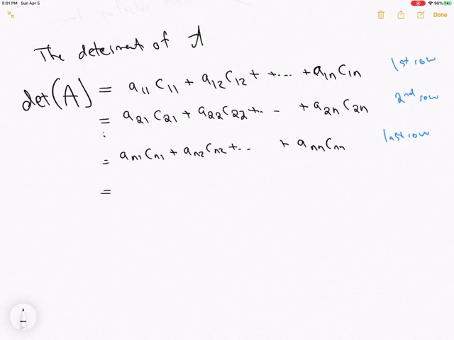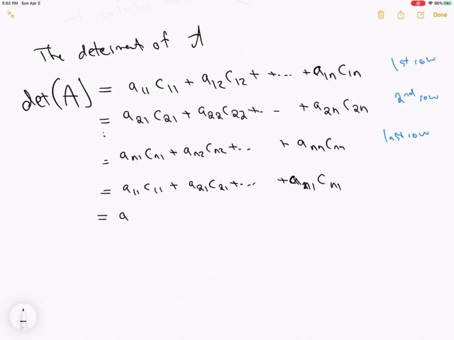But you can also expand across columns now. Columns are indexed by the second entry, so we can fix the second index. So now it's going to be A11 C11, A21 C21, and so on, where the second entry will always be a 1. So this is expansion across the first column.